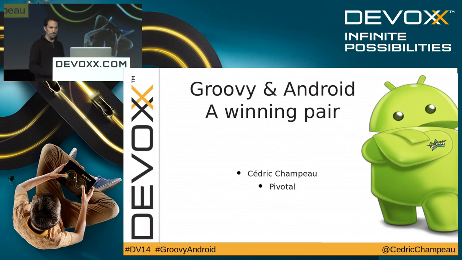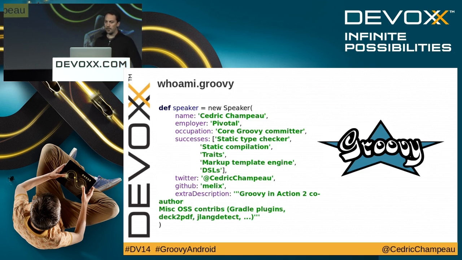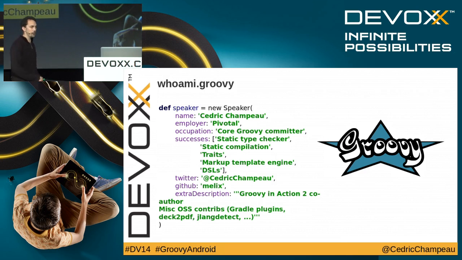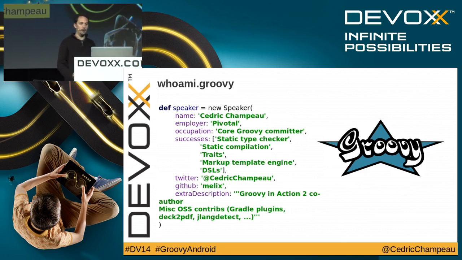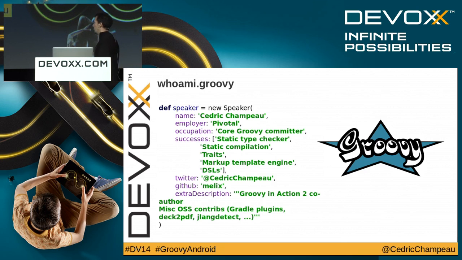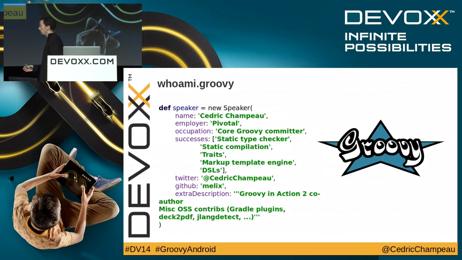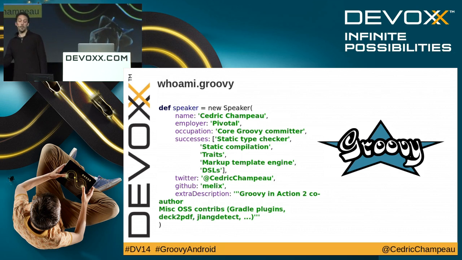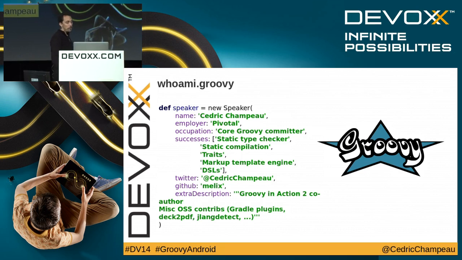Right. Let's start. A few words about me first. I work on the Groovy language, so I am employed to develop it. I really started using Groovy maybe 6 years ago as a user, and then I became a committer. Now I am working to implement some features in Groovy.